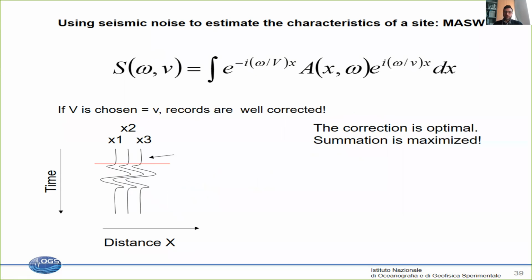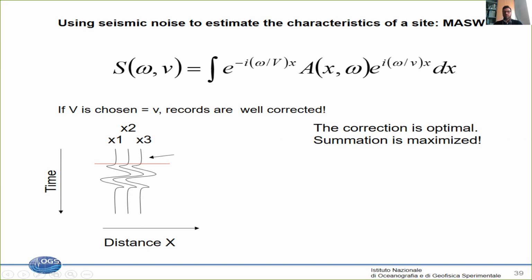But if I find the right velocity, then for each frequency I will be stacking only coherent information, a maximum with a maximum, a minimum with a minimum, and so on. So this function will have a maximum. As you see here, this is a function of the frequency and of the velocity.